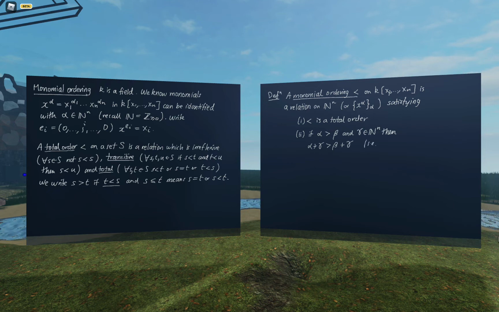Of course, that's the same thing as saying x to the alpha as a monomial is greater than x to the beta, and adding exponents means multiplying monomials. So this is the same as saying that if you have an order relation between monomials and you multiply both sides by any monomial, you have the same relation.